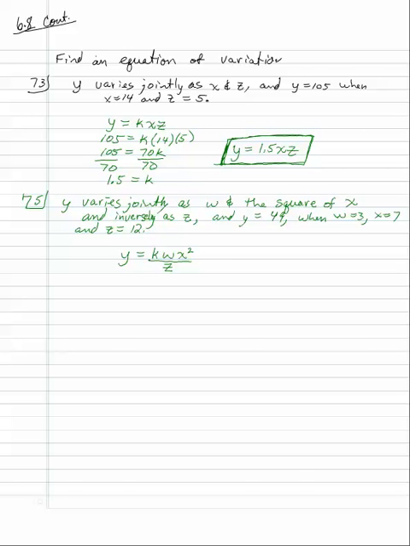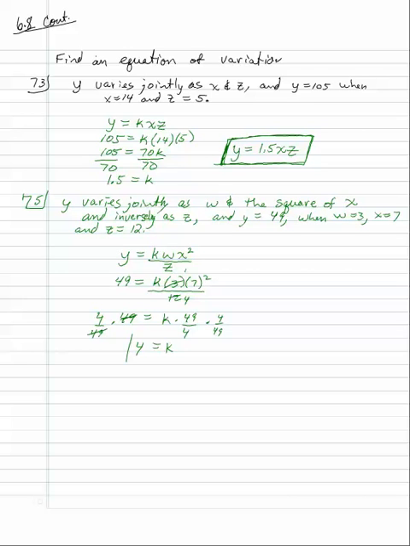Now we're going to plug in all the numbers to figure out k. So 49, w is 3, x is 7, z is 12. So 49 times 3 goes into 12, so that's 49 over 4. And then I'm going to flip it over, so k is, I'm going to times by 4 over 49.